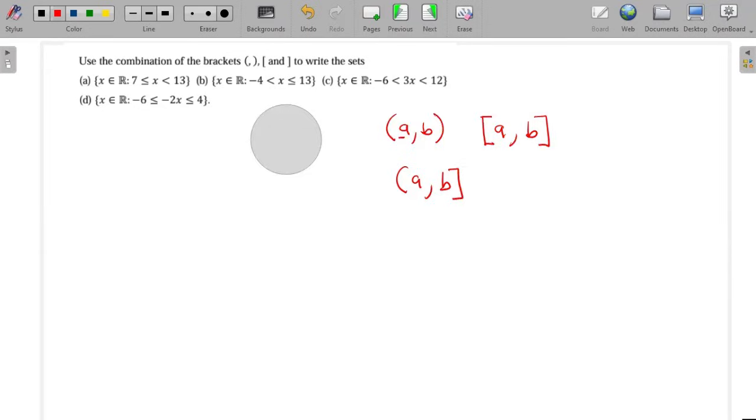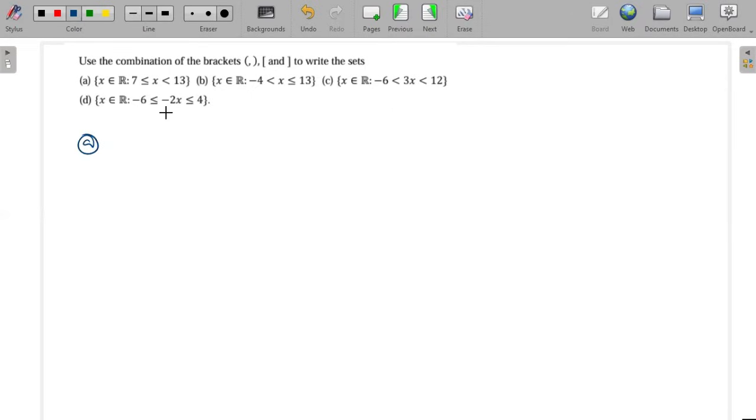Okay, so now let us move on. We get to answer these questions that are here, which will help us understand what we've said. They're saying use the combination of the round brackets and the square brackets to write the sets. We have the first one, A. This has been given in set builder notation.